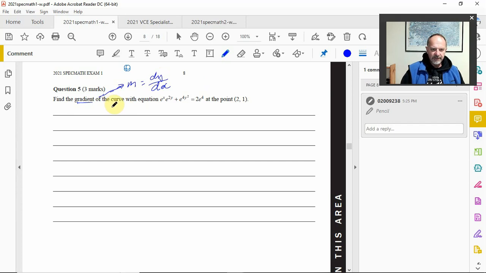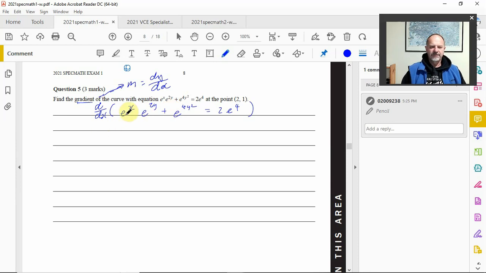So we're after differentiating this equation, e to the 4th. There we go. So we want to differentiate that first of all, using implicit differentiation.